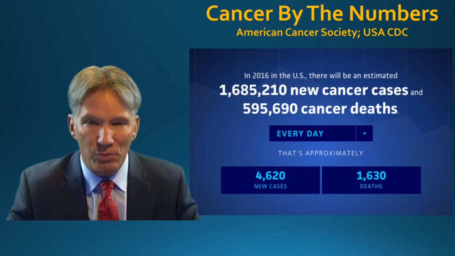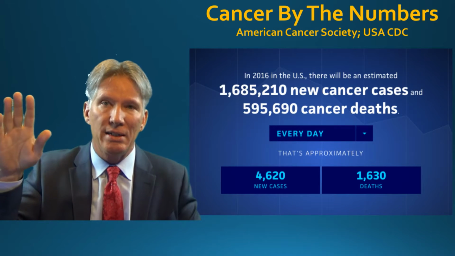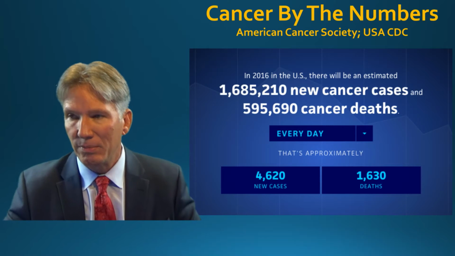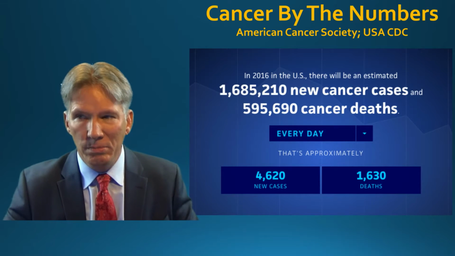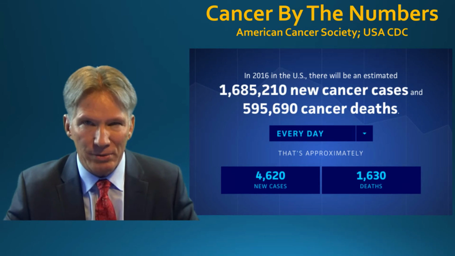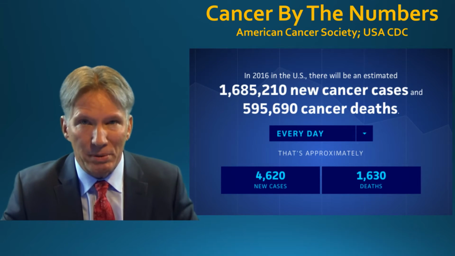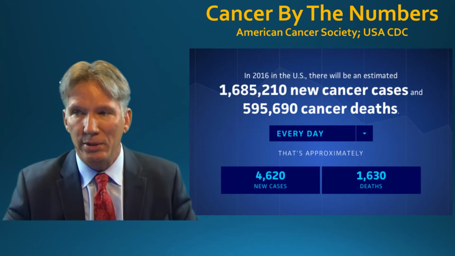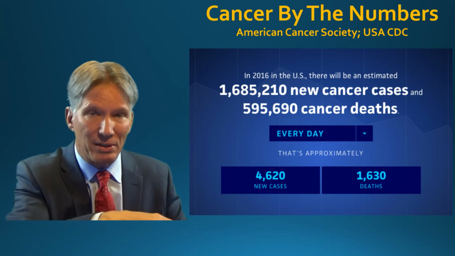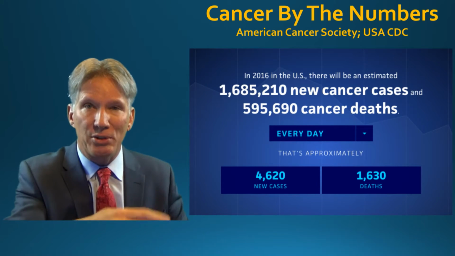This translates to 4,620 new cases of cancer every day, and 1,630 deaths from cancer. For goodness sakes, how many people died in the Twin Towers? 2,000. We went to war. 1,600 people a day die from cancer, and what do we do? We continue to give the people who have failed us in understanding what causes cancer and how to treat it more money.